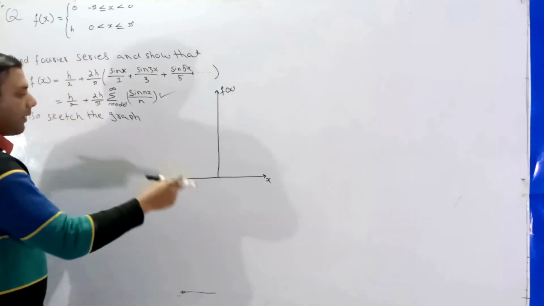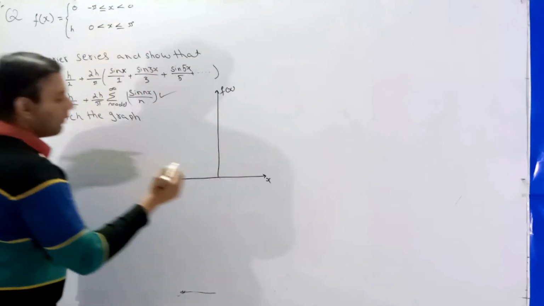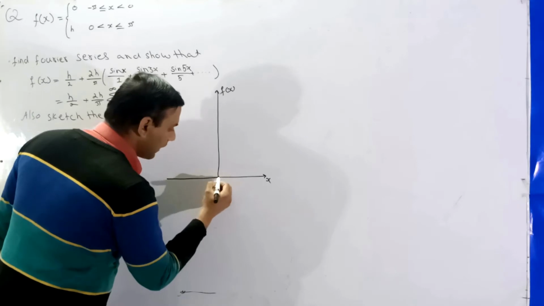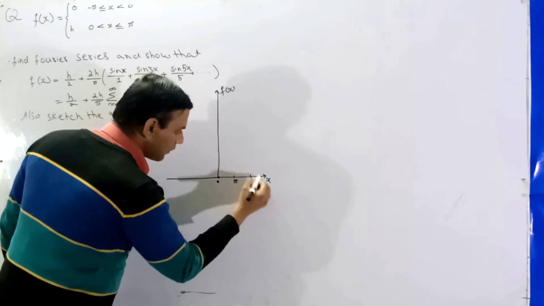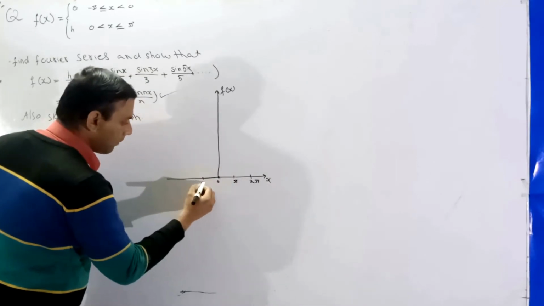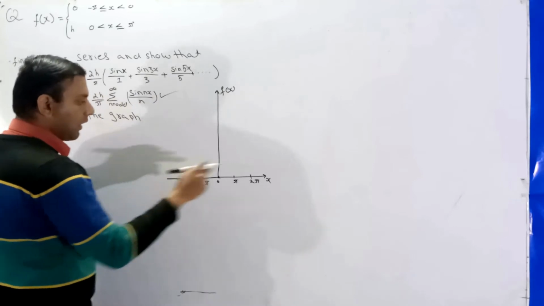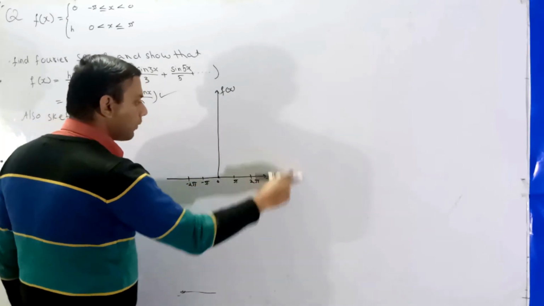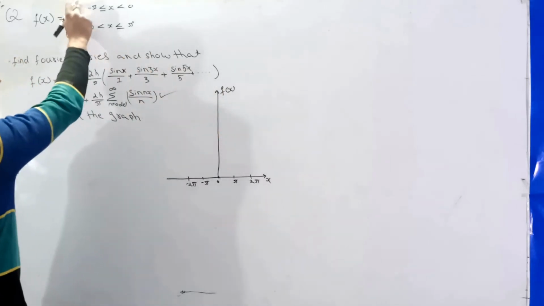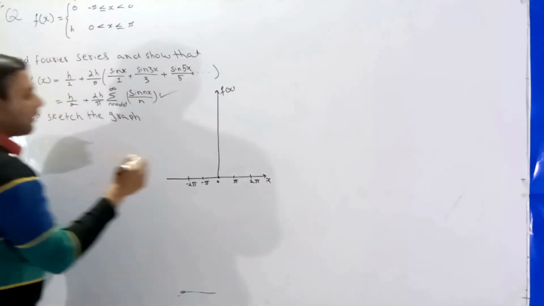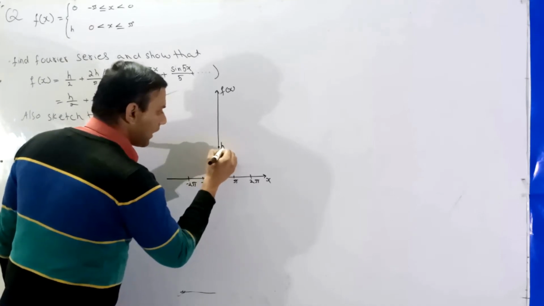The value of x varies from minus pi to pi. Then we will break it into small parts. Here 0, here pi, here 2 pi, and on this side minus pi, minus 2 pi, and so on. And the value of f of x varies from 0 to h, and at some point we will say that this point is at height h.